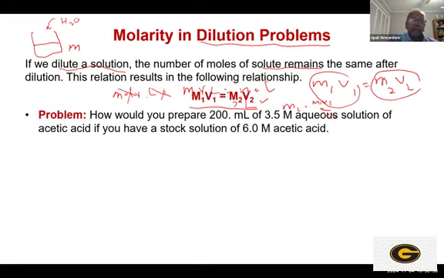Let's look at the problem. How would you prepare 200 milliliters of 3.5 solution? Stock solution is normally the concentrated solution. In chemical labs, normally you use a concentrated solution to prepare whatever solution with required concentration.